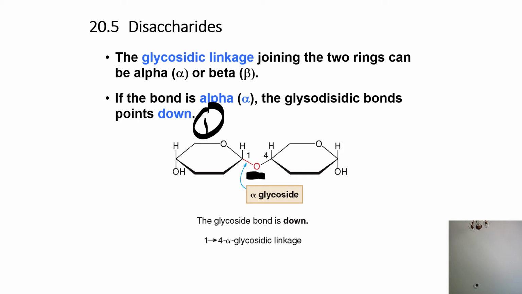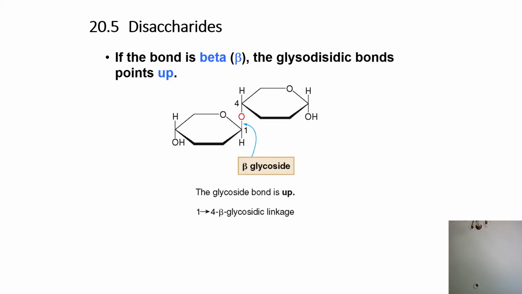So this is called a 1,4 alpha glycosidic linkage. If we have a beta, you might see this depicted differently, and I will show you what I mean by that. Another example. So if the hydroxyl group was in the beta position, then the glycosidic bond points up, but it is still a 1,4 beta in this case linkage.